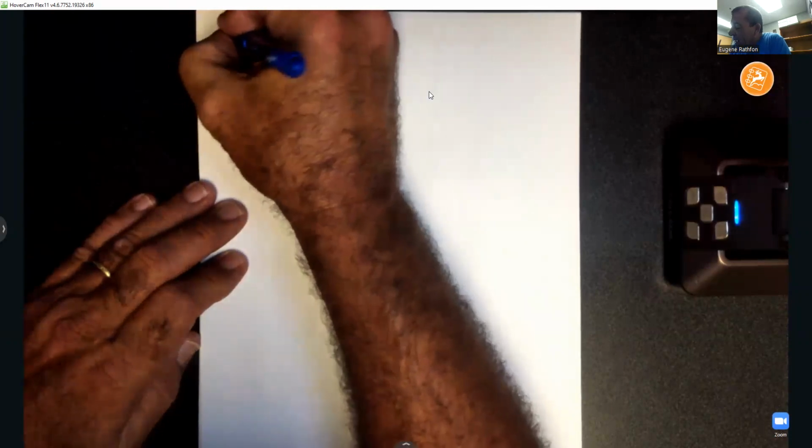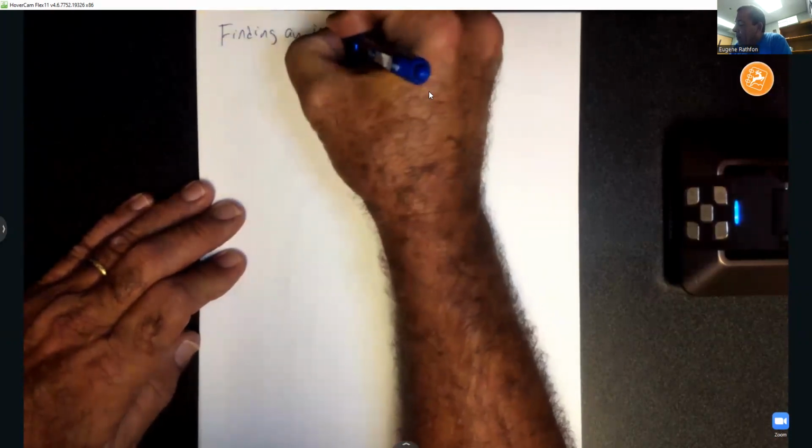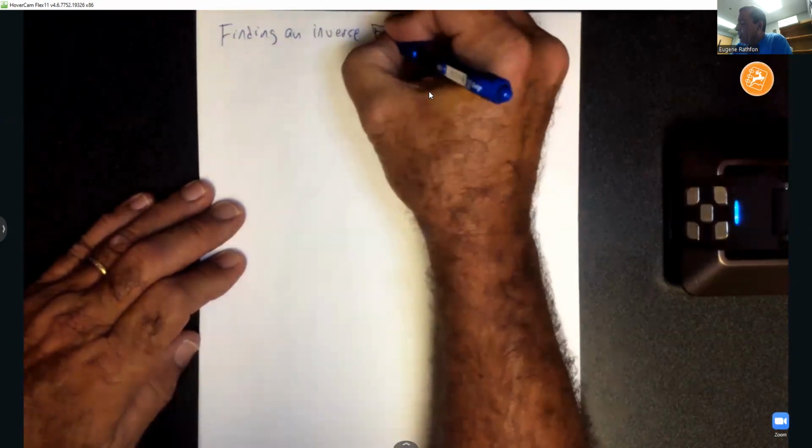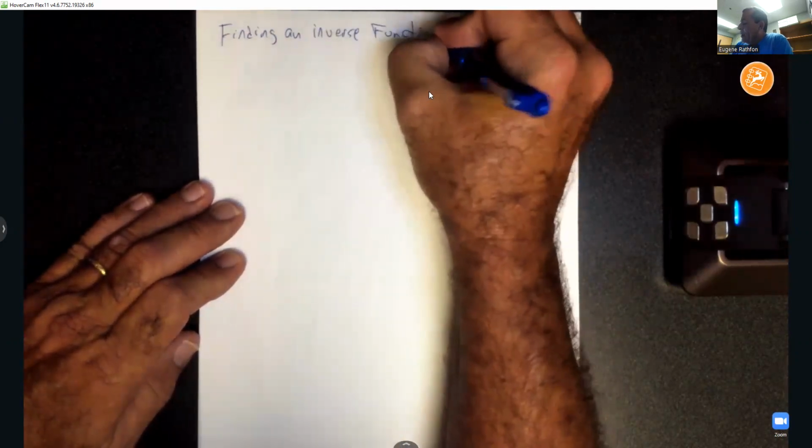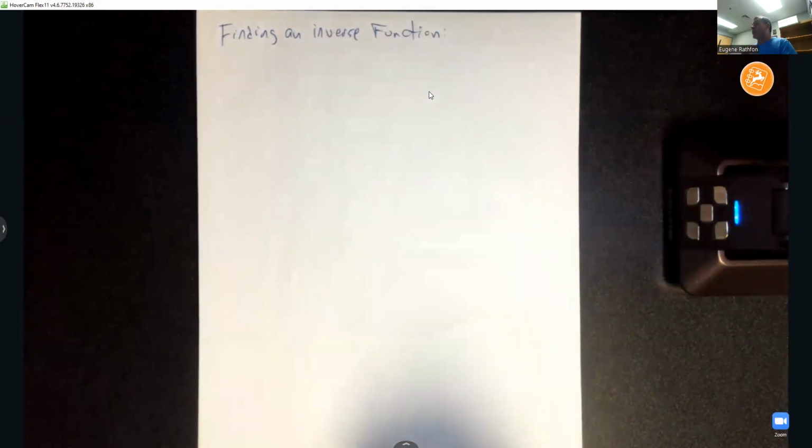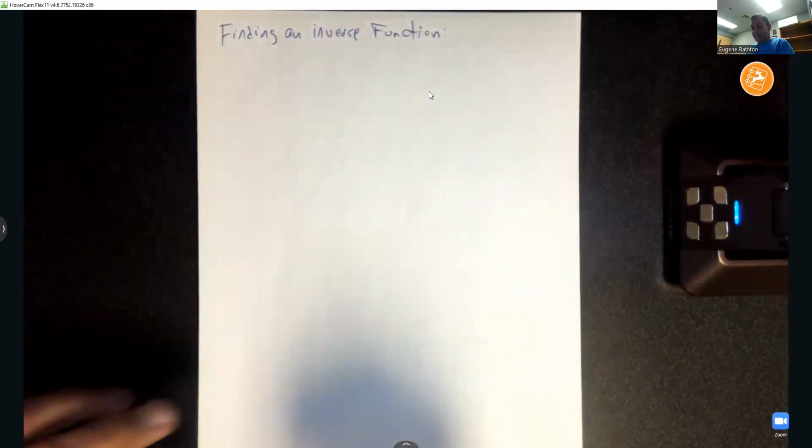All right, y'all, so here's the fun part. We're now going to find inverse functions. So finding an inverse function. Because remember, those were all relationships I had a while ago, okay?